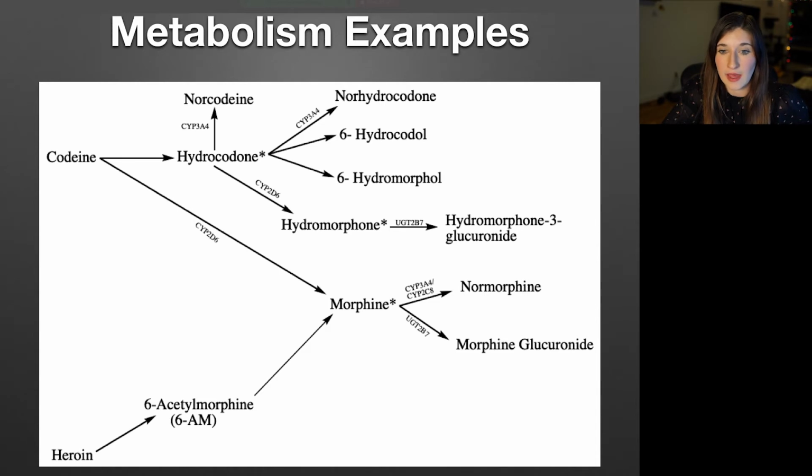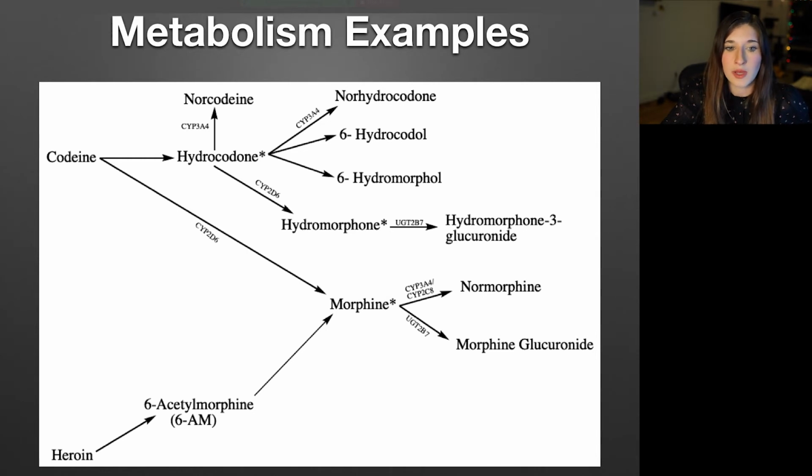because there's multiple pathways to get to morphine. So one possible thing is morphine is a drug in itself. Maybe they just took morphine. Maybe they took codeine, and what you're seeing is a metabolite, the metabolite morphine. Or you could get a tox screen that is positive for hydrocodone, hydromorphone, and morphine, and you could be like, wow, this person took a lot of different drugs, but that's not always the case.